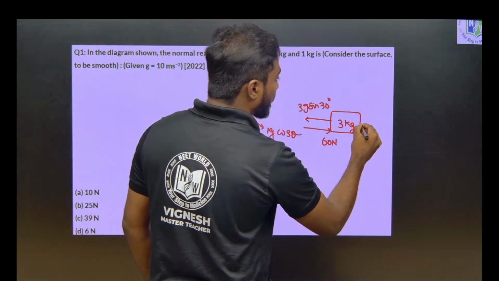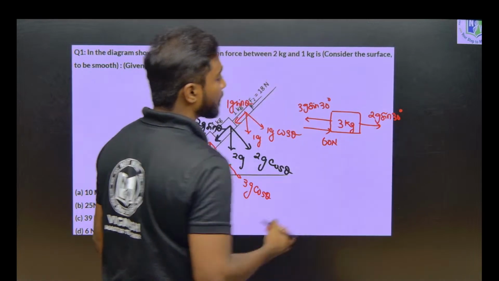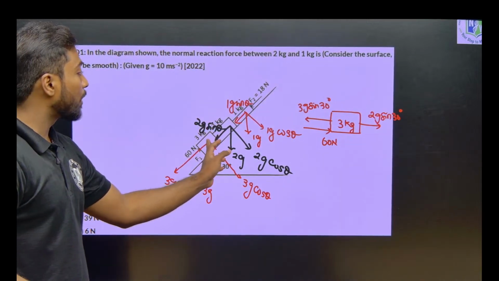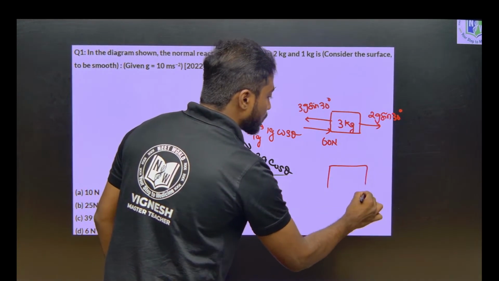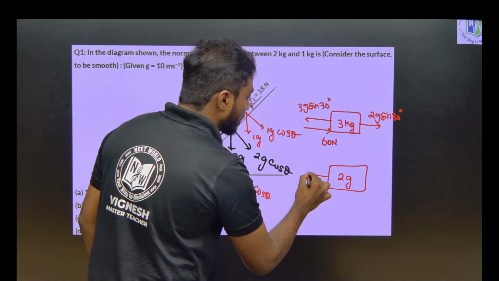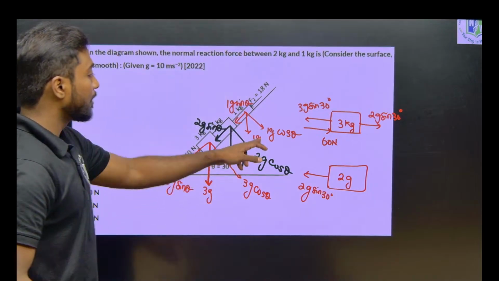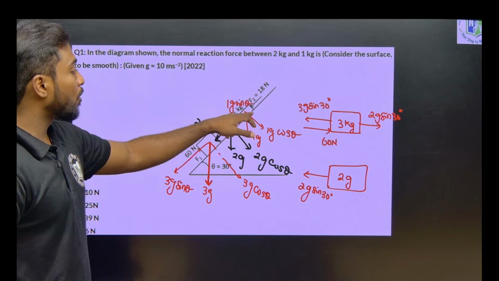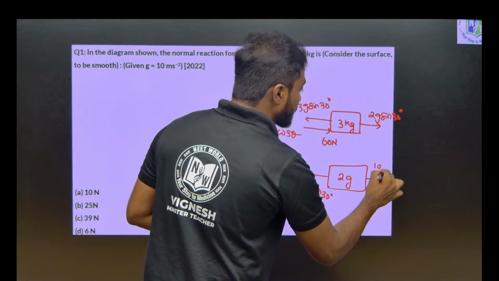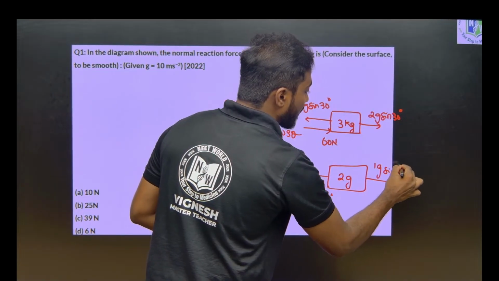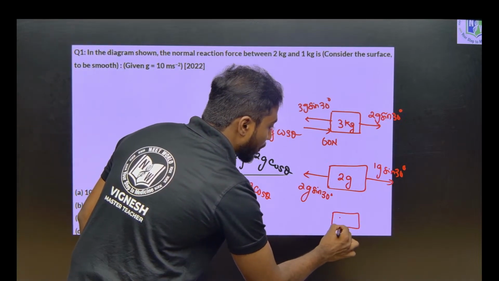So this is my normal, 2g sin 30 degree, the normal force for the 3 kg and 2 kg blocks. Now for the 2 kg block, this is my 2g sin 30 degree. Similarly, 1g sin 30 will act as normal for the 2 kg as well as the 1 kg block.